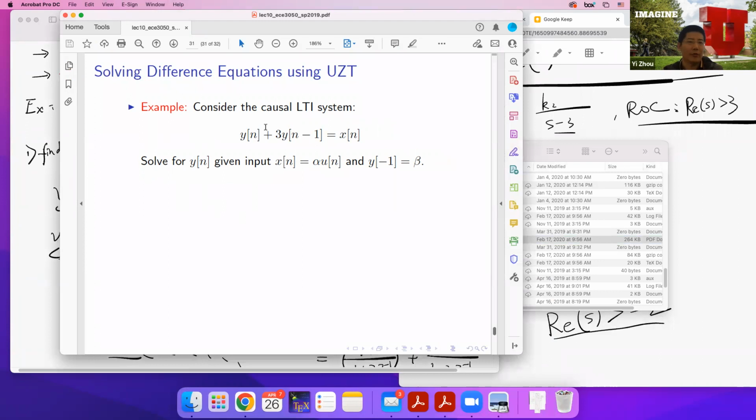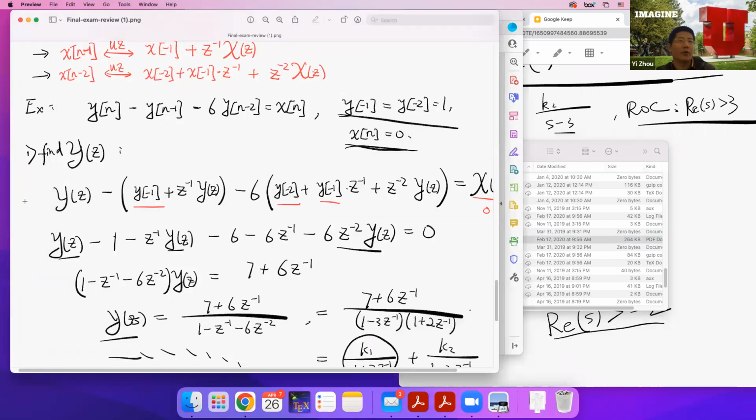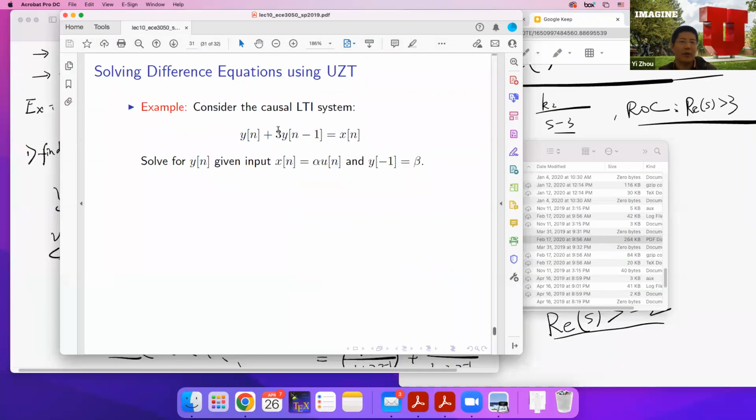We have a difference equation, an initial condition and a given input. You can completely solve this difference equation following the same logic. This is a first order difference equation, so we are only given one initial condition, and the input is not 0. It is given as a unit step function.